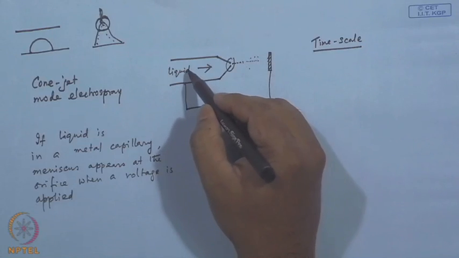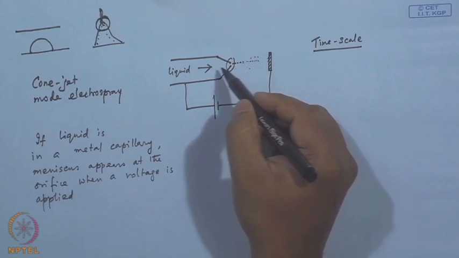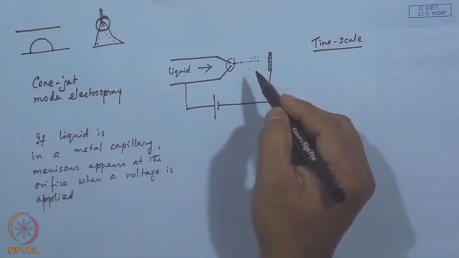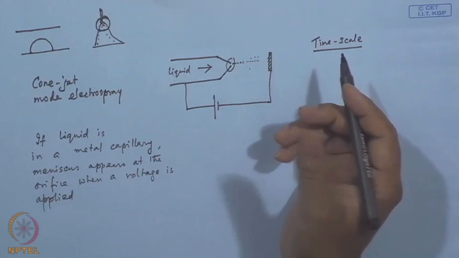How much time does it take for the liquid to flow through this capillary? If these time scales are not matched properly, then you cannot expect equilibrium to exist in that double layer, and it is important to have that equilibrium.